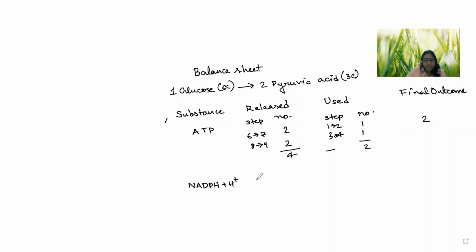I cannot hear you clearly. Ma'am, from 5th to 6th. 5th to 6th. How many NADH are produced? Ma'am, maybe it won't be 4 to 5. It won't be 4 to 5, it will be 5 to 6, beta.